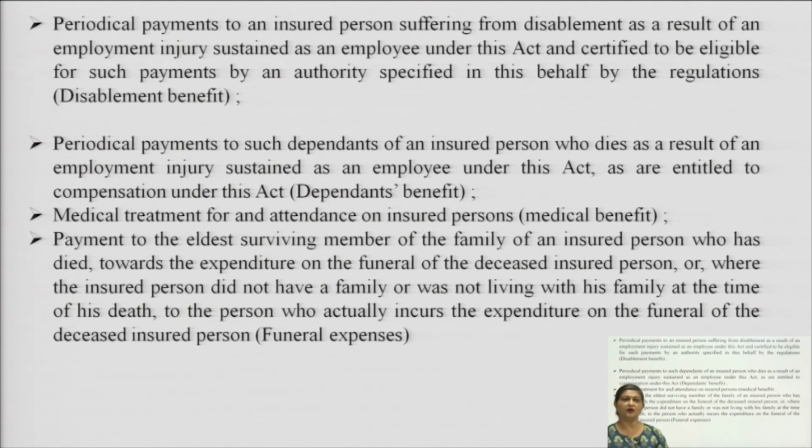Now, next is periodical payments to such dependents of an insured person who dies as a result of an employment injury sustained as an employee under this Act and are entitled to compensation under this Act, and these benefits are called dependents benefits.